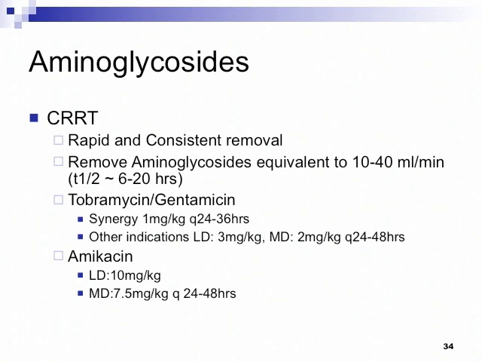Now for the continuous renal replacement therapy, it runs 24 hours. For synergy, for tobramycin and gent, you use 1 milligram per kilogram, Q24 to Q36 hours. For other indications, you go up a little bit, so 3 milligram per kilogram, and the maintenance dose is kind of low.